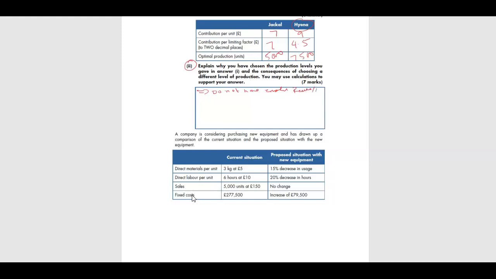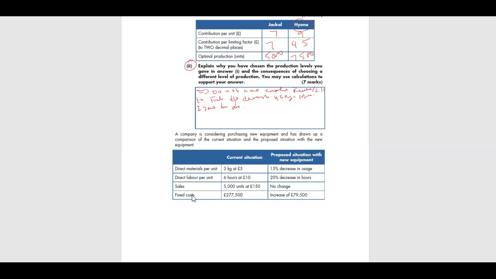So you can show the calculation. If I want to fulfill the demand, I will need 43,000 kg of material that I have, but I need 27,000 hours of labor that I don't have. Because of that I have to choose which one I should make first. So based on the calculation, we can see the contribution per limiting factor: Jackal will give me more and Hyena will give me less.